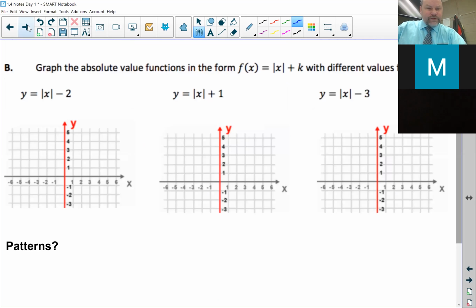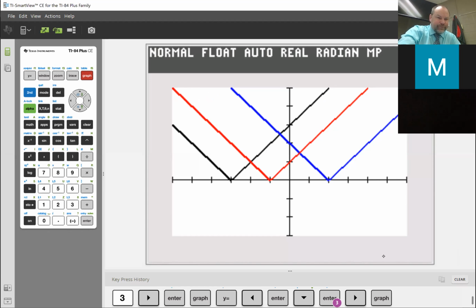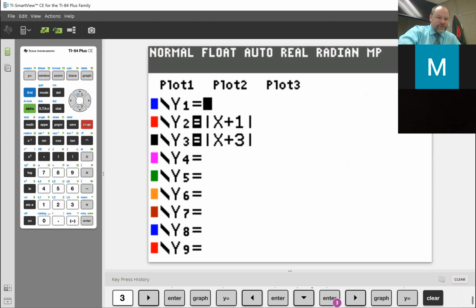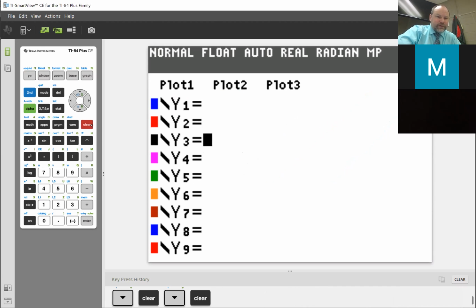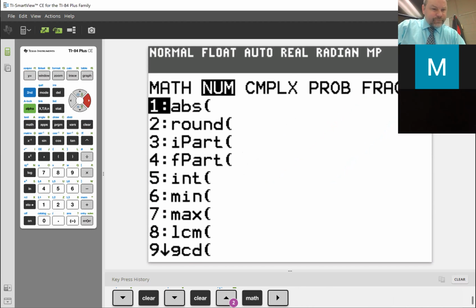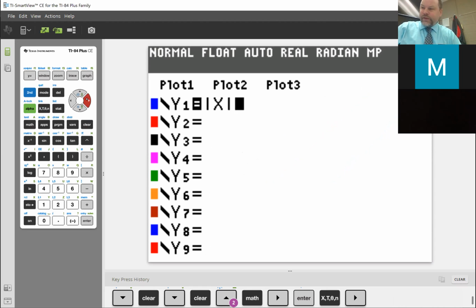All right, now we're going to take a look at the second set. So if I go back to my calculator and clear those out, now we have the absolute value of x, and the -2 this time is outside of the absolute value.